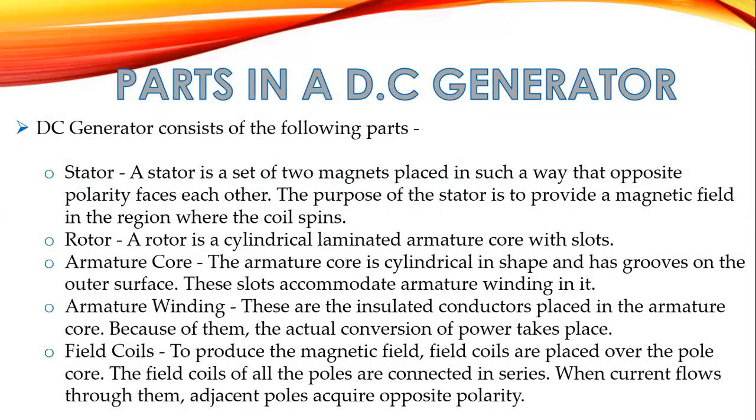Getting into the details of the parts, stator. A stator is a set of two magnets placed in such a way that opposite polarity faces each other. The purpose of the stator is to provide a magnetic field in the region where the coil spins.